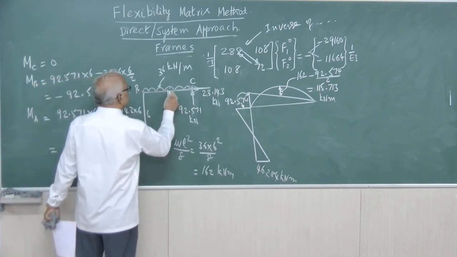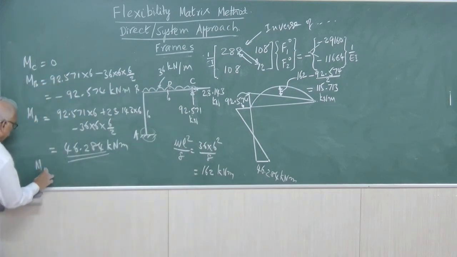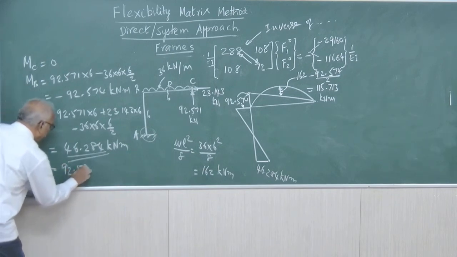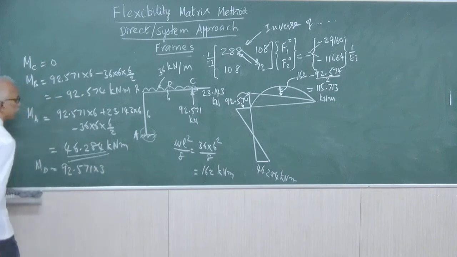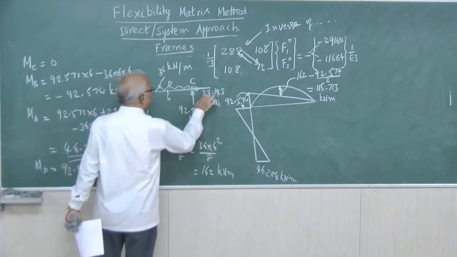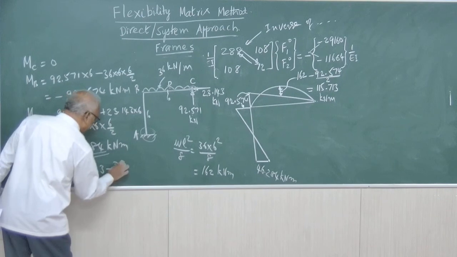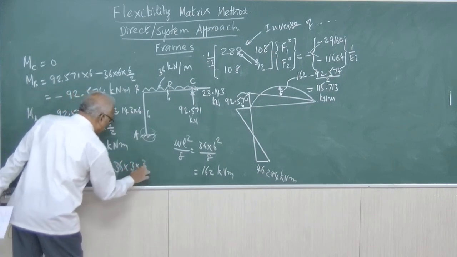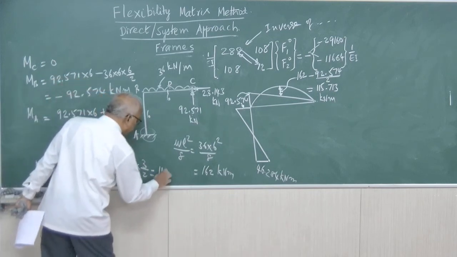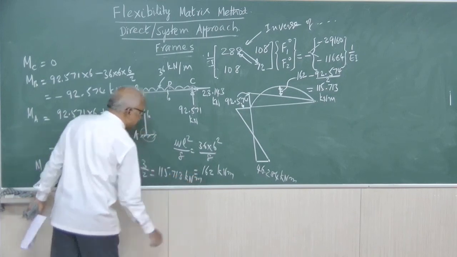Let us call this as D. MD equal to 92.571 into 3 up to the center, and this will not cause any moment. This will cause a moment. So minus 36 into 3 by 2. So this will straight away give you the value as 115.713. This will be with the plus sign.